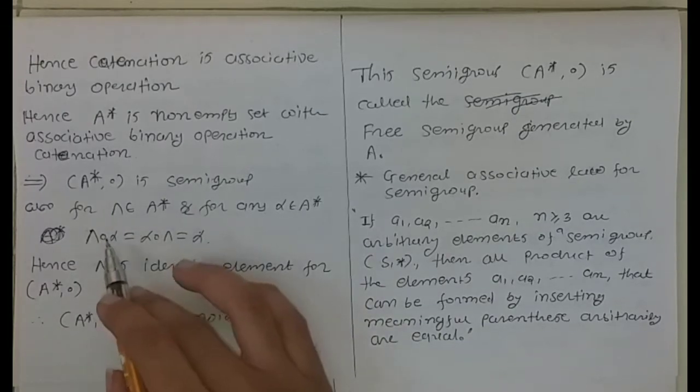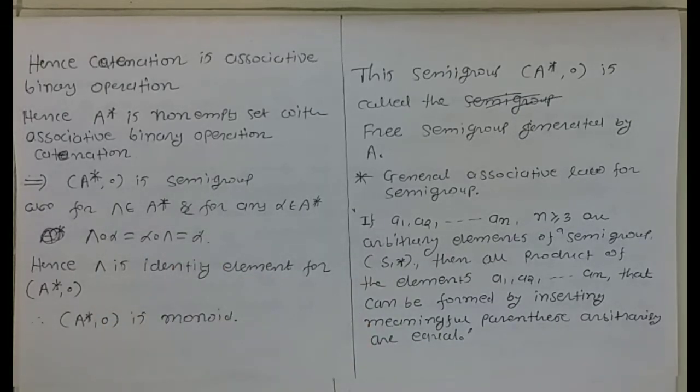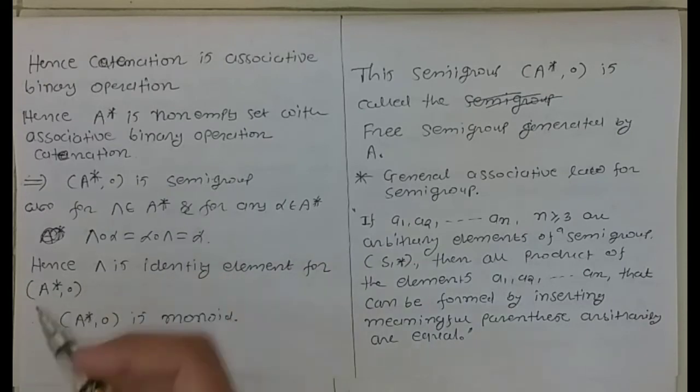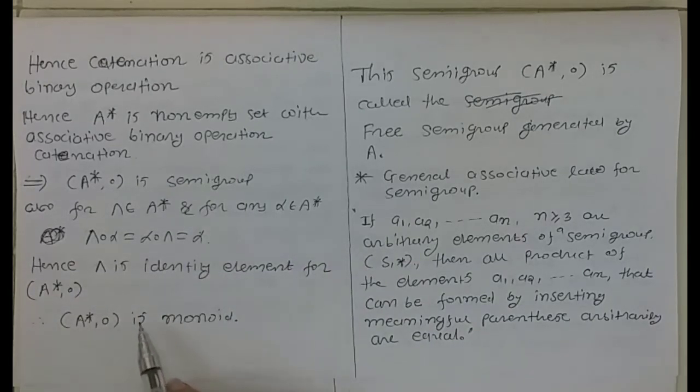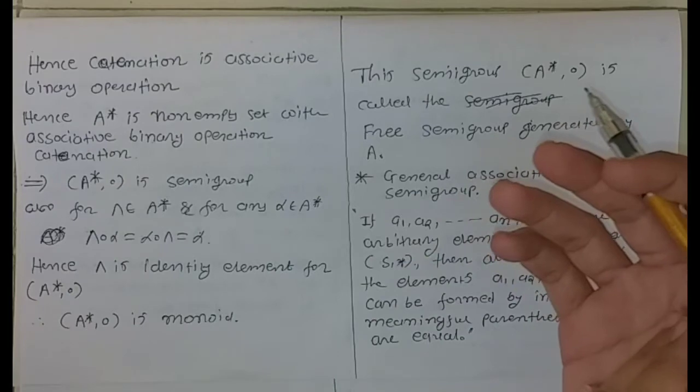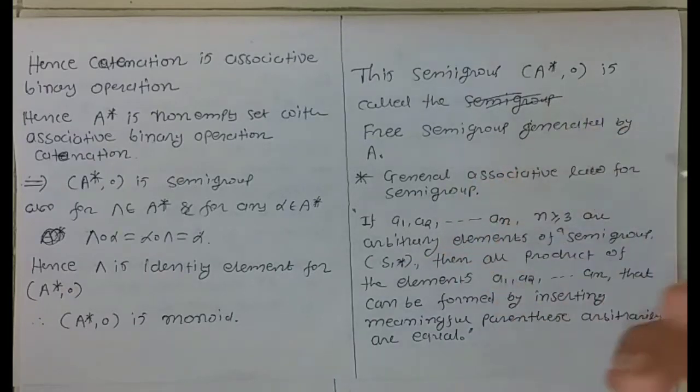So alpha remains as it is when we apply the catenation. So the empty sequence is an identity element for A star. So A star with catenation is a monoid, because a semigroup with an identity element is a monoid.